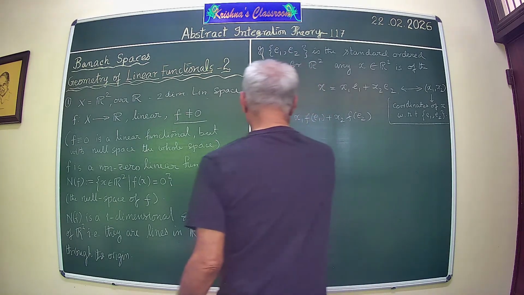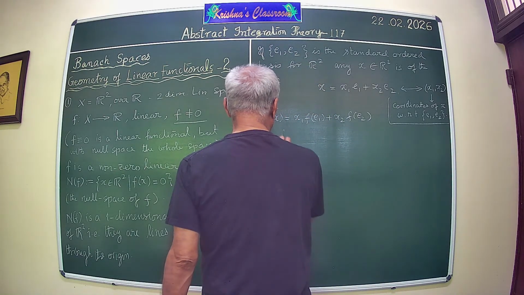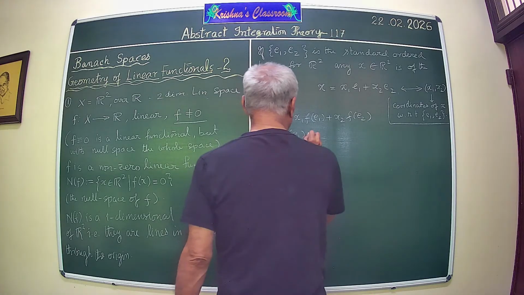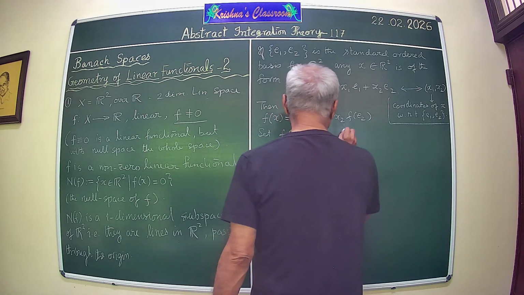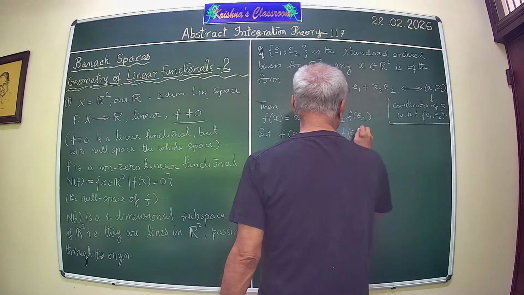And now set a1 equal to f of e1, and a2, which is a scalar, equal to f of e2.